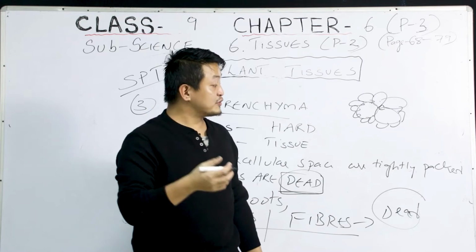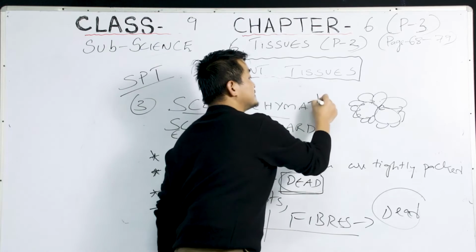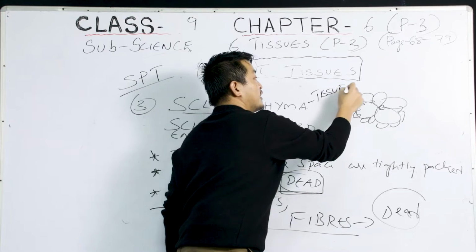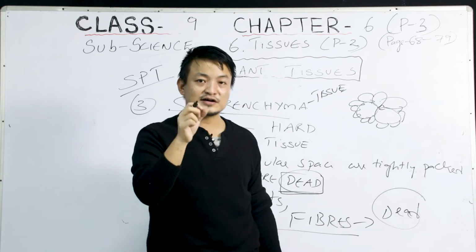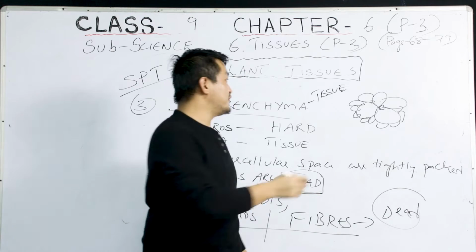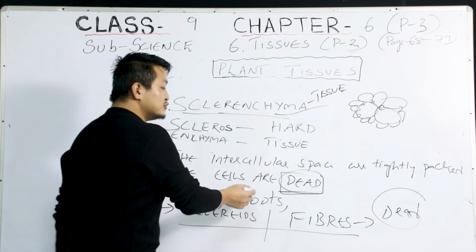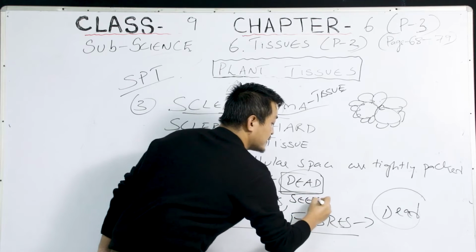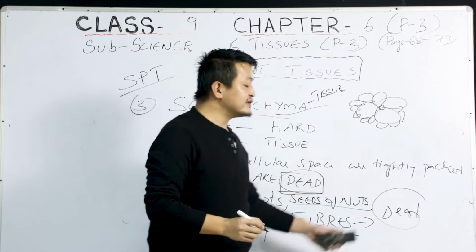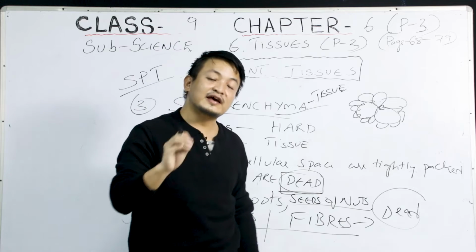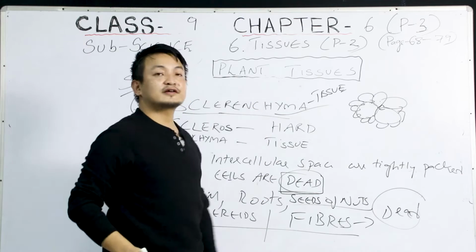That is because of the Sclerenchyma tissue. You have also seen the seeds of nuts, which are hard. That is because of Sclerenchyma tissue. You can see it in stems, roots, and the seeds of nuts, and in the hairy part of the coconut which is very hard.